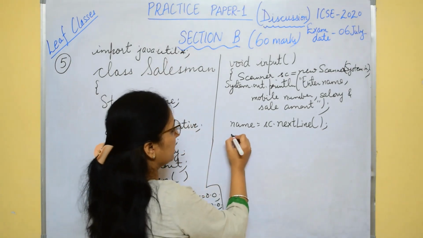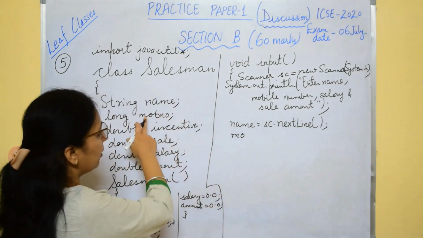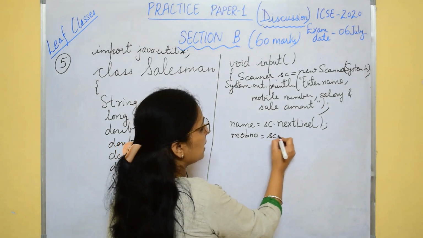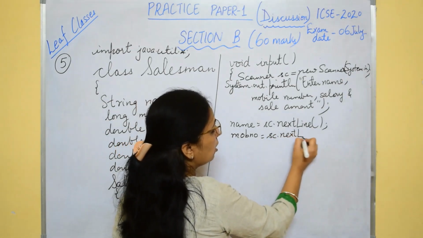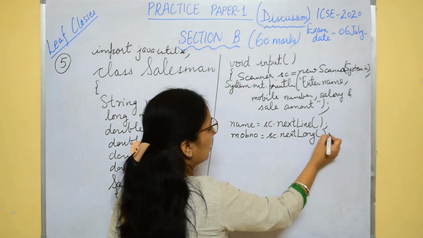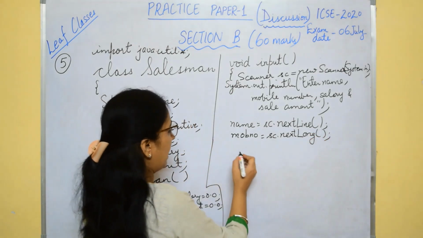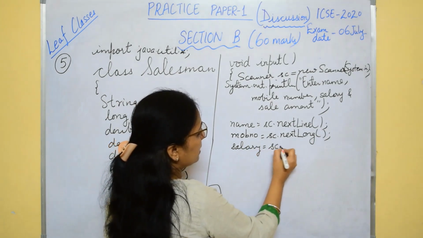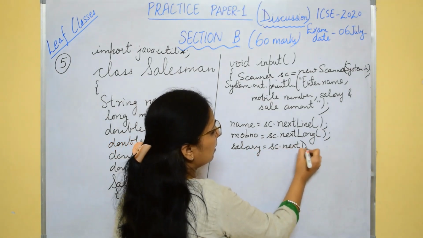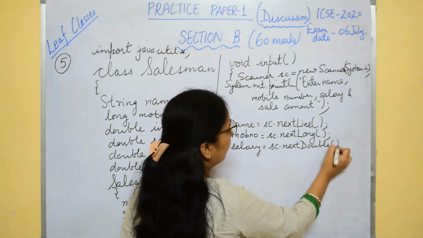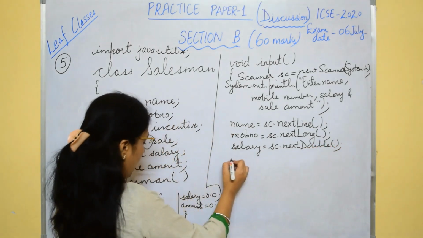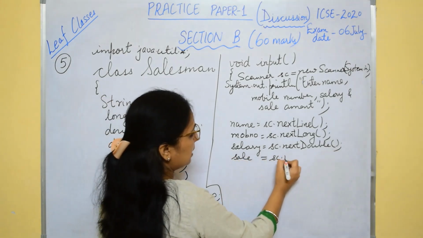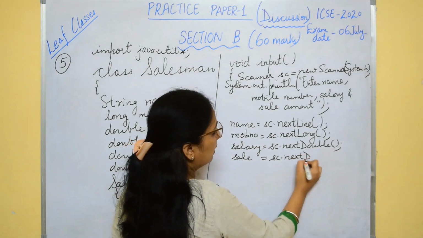So we have entered name here. Then you have to enter mobile number. The variable for that is mobno equals to sc dot nextLong. Then salary equals to sc dot nextDouble, and sale amount in the sale variable, sc dot nextDouble.